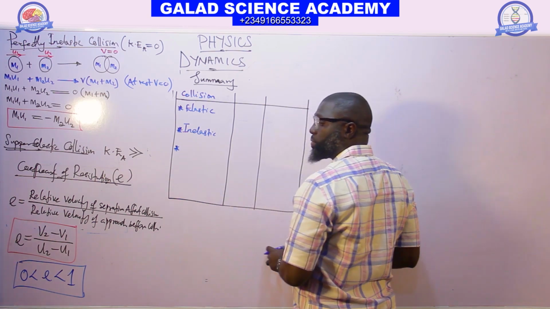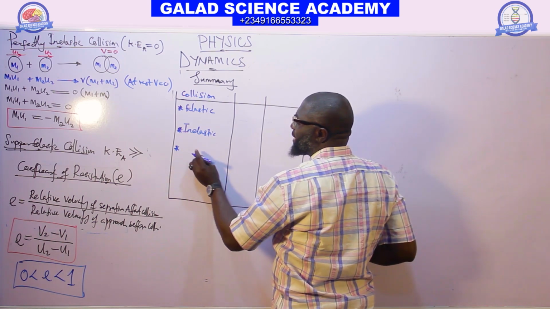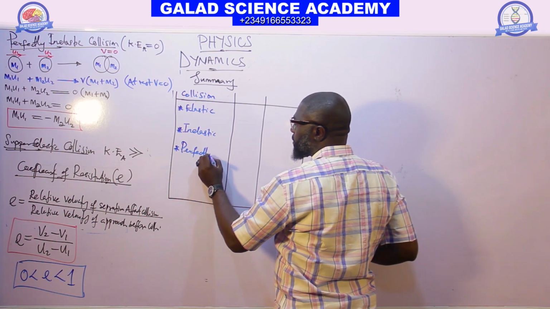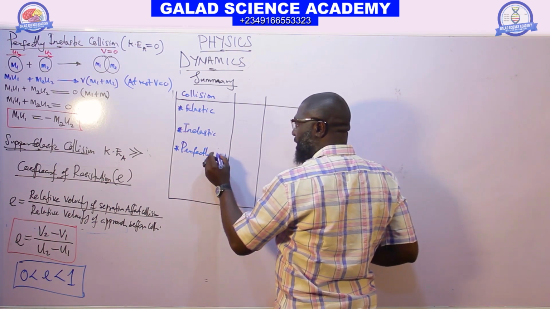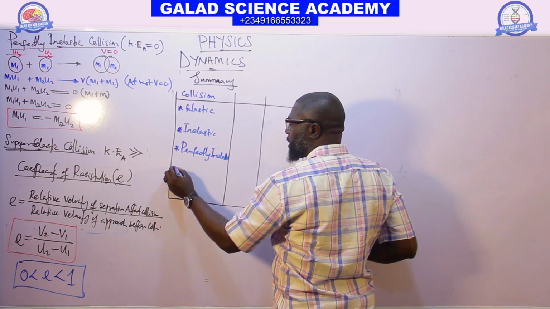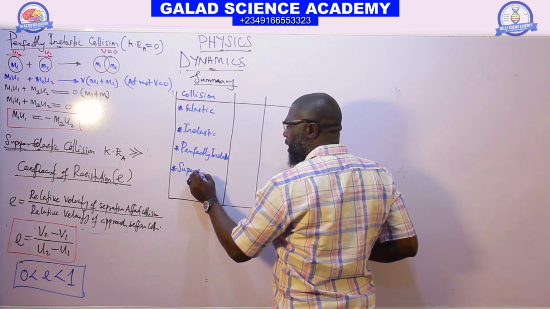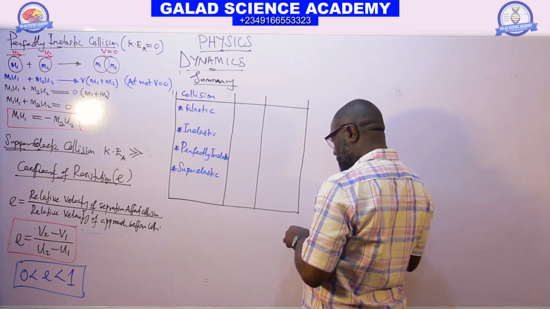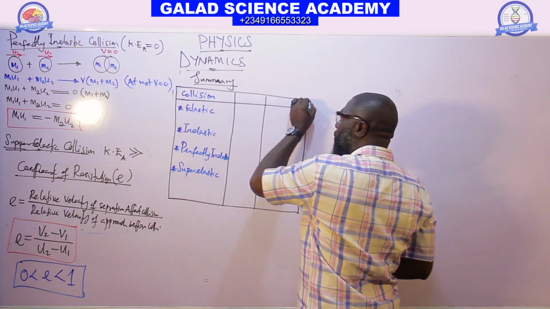Number three, we have perfectly inelastic. The third one, we have super elastic collision. So these are the types of collision we have.